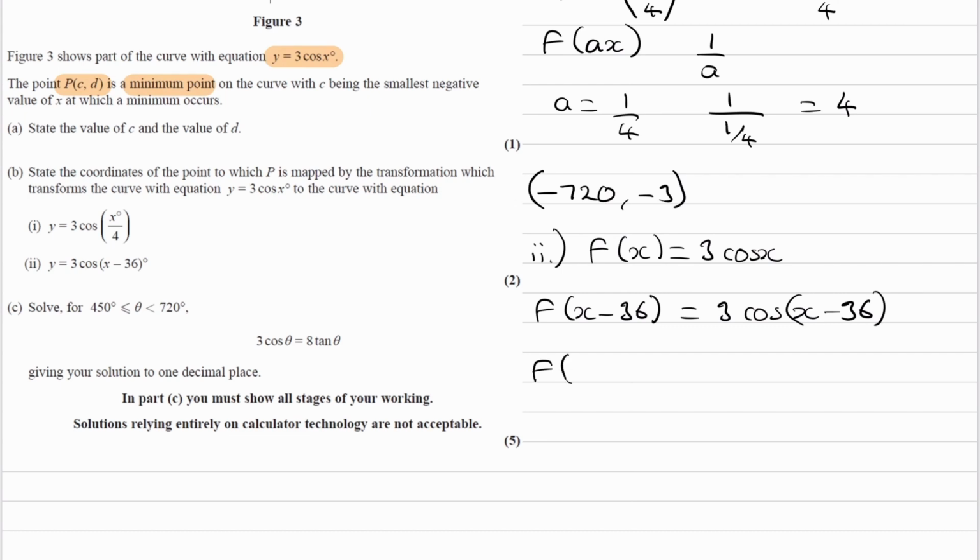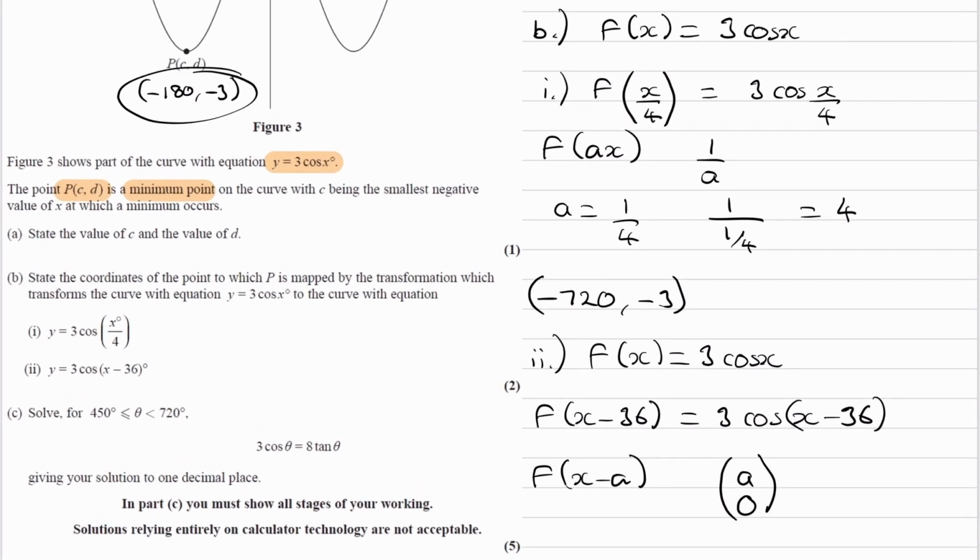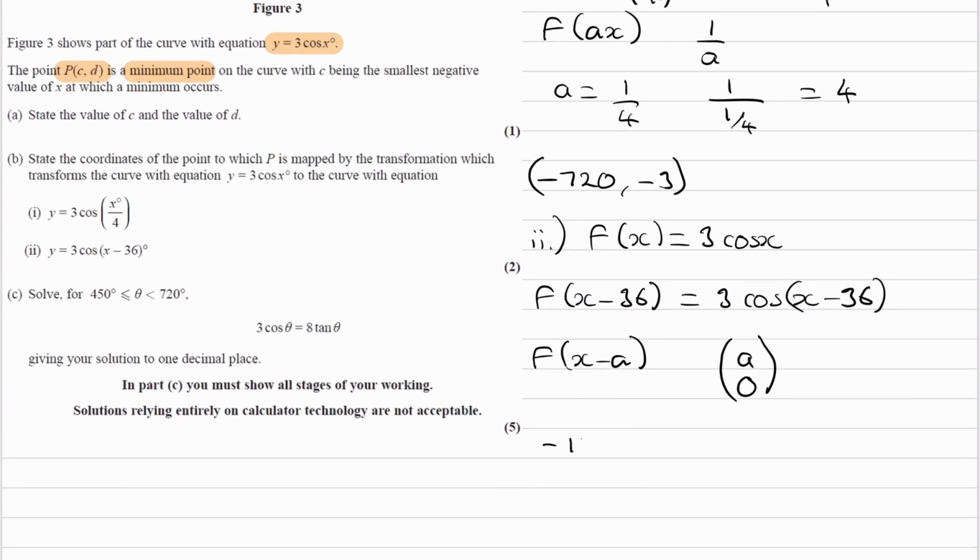So whenever you have f of x minus a, this is a translation of vector a, 0. So a in the positive x direction, 0 in the y direction. So that means that the original coordinate, which was minus 180, minus 3, you add 36 to the x-coordinate, and it becomes minus 144, minus 3.